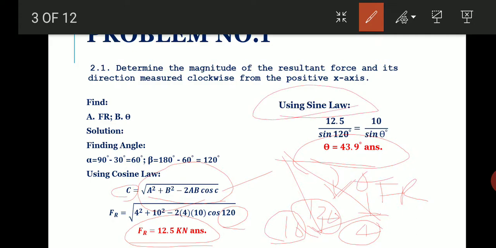Using the sine law, we have the given 120 degrees, FR 12.5 over sine 120 is equal to 10 over sine theta, since this angle here is equal to that angle there, so 10 is the opposite angle of theta.